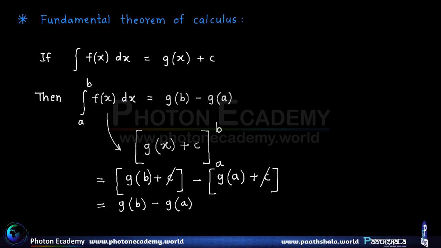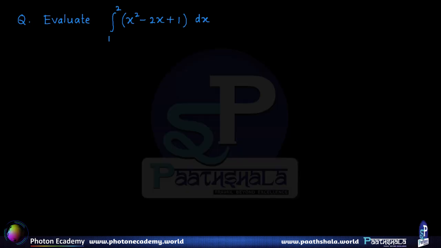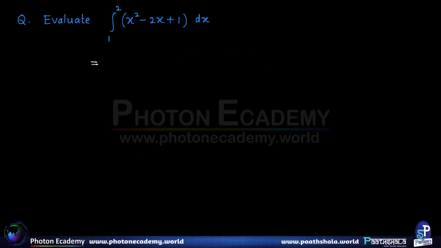So now based on this theorem, let us calculate the definite integrals for some of the questions. Now here we have to evaluate the integral of x square minus 2x plus 1 between the limits 1 to 2. As we have seen, first of all we have to integrate the expression as if we are doing the indefinite integration.